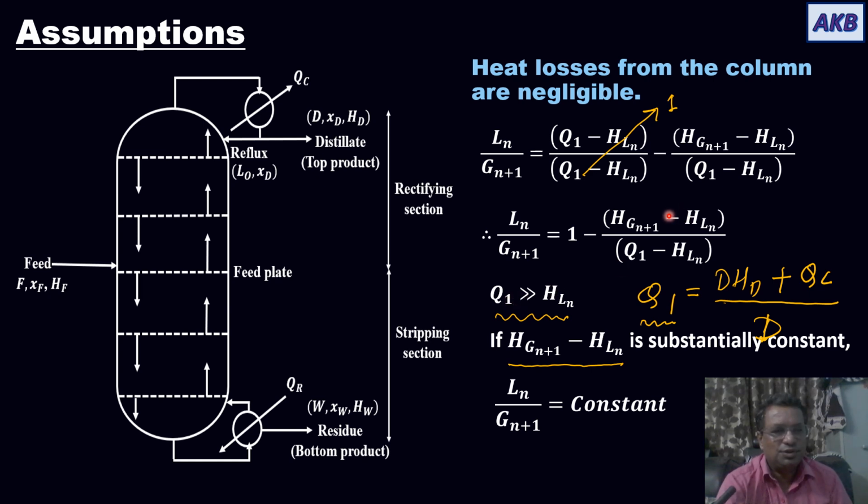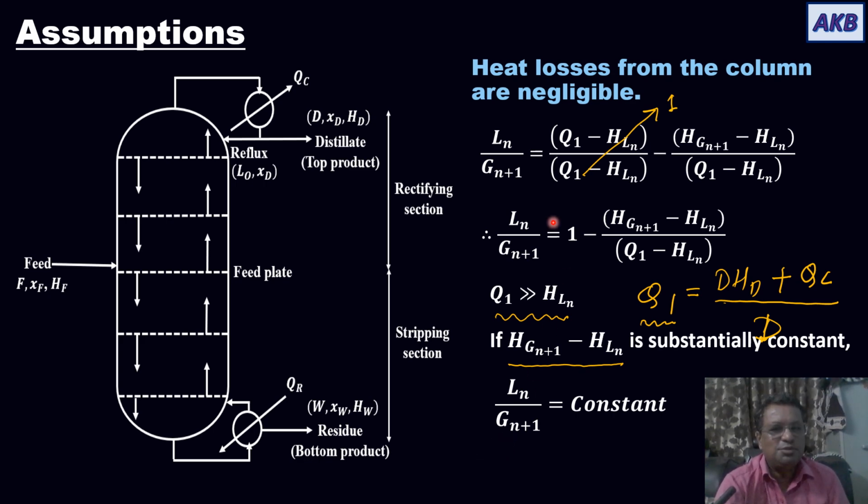The numerator is constant, 1 is constant, so the ratio itself is approximately constant if you are assuming negligible heat losses. Here in our discussion we have not considered any heat loss from the column. We are considering heat associated with various streams and the heat that is removed in the condenser.